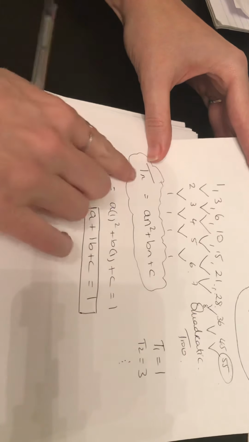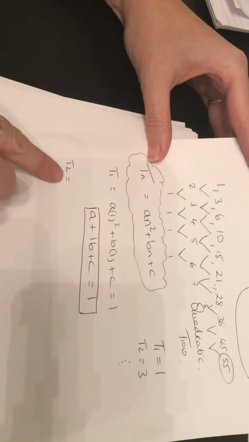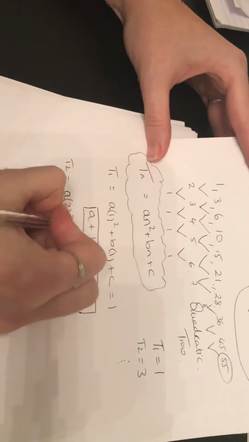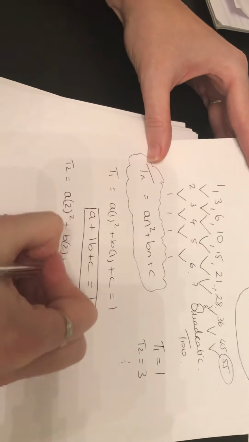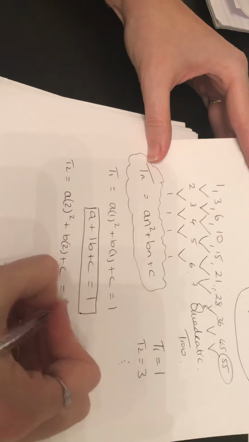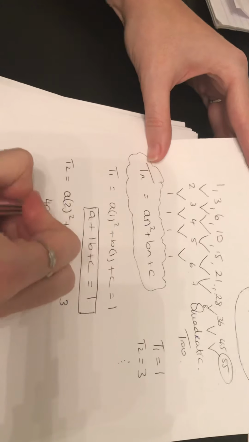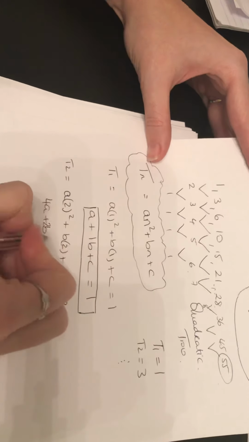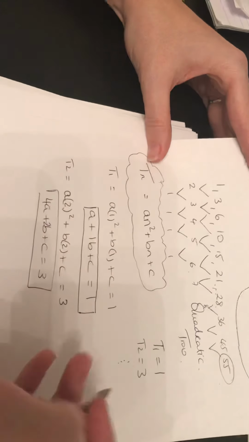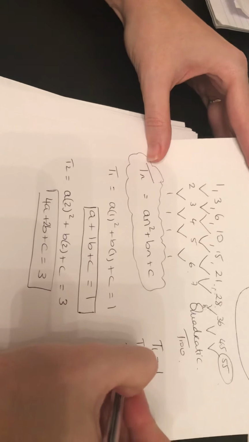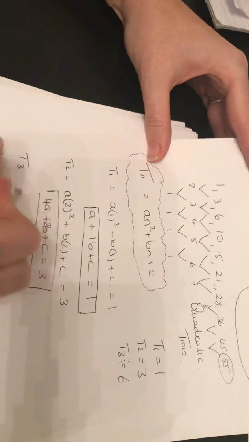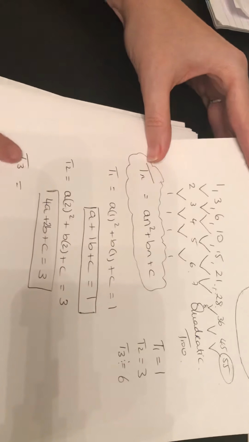So when n is 2, term 2 is equal to 3. Clean that up. Okay, I have a second one. And T3 is equal to 6. So anywhere I have an n, I'm going to put in a 3 now.